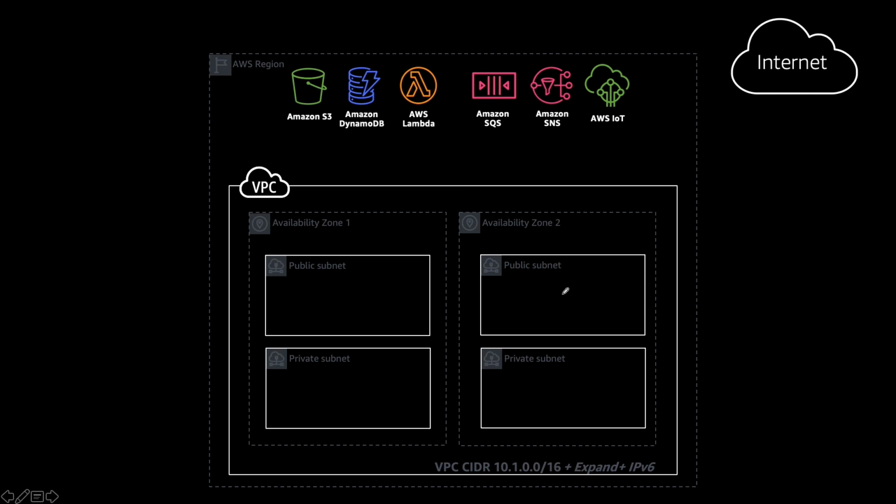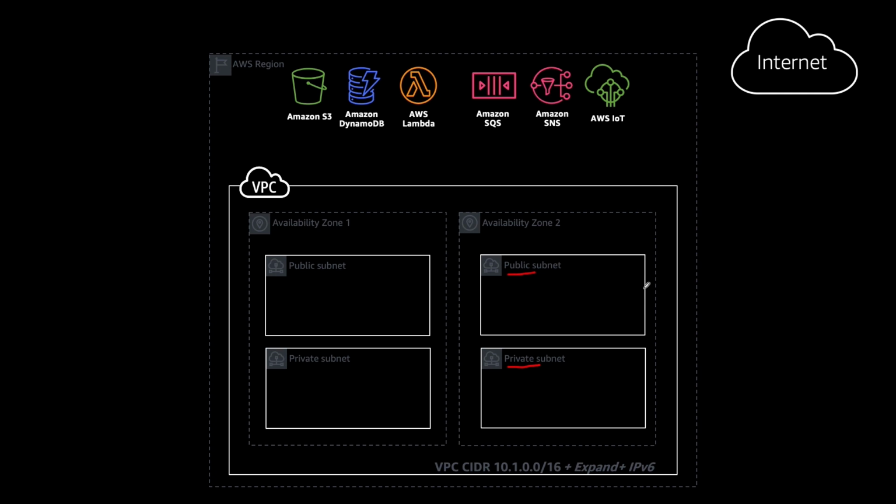Now there are two terms here, or two different types of subnets. One is public, another is private. We have not talked about what is public and private, but for now, just assume that any subnet which doesn't have the internet access can be called a private subnet, and any subnet which can have an internet access can be called a public subnet.